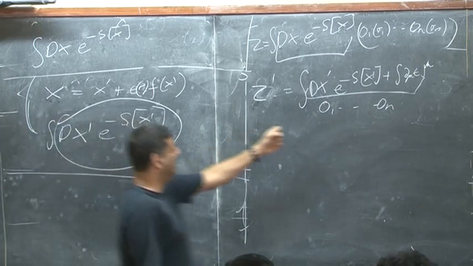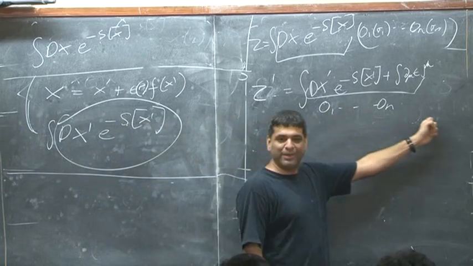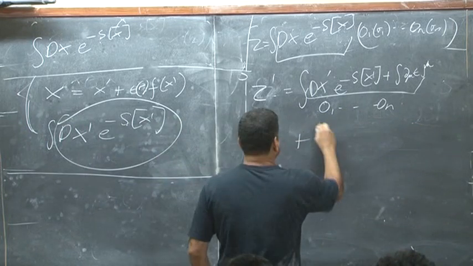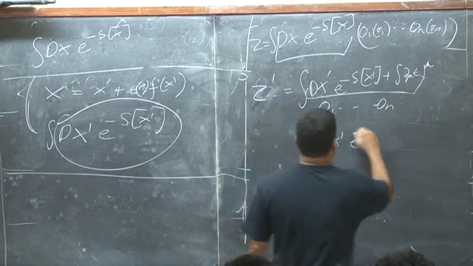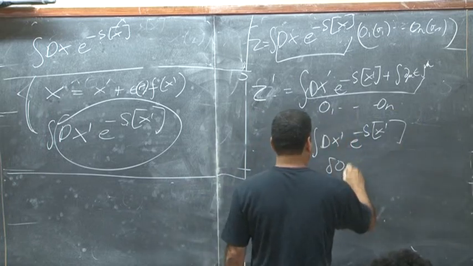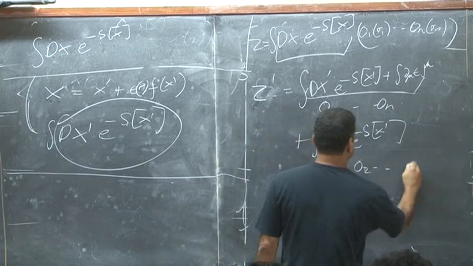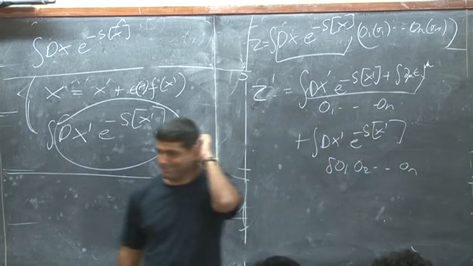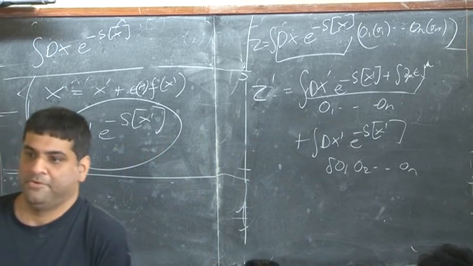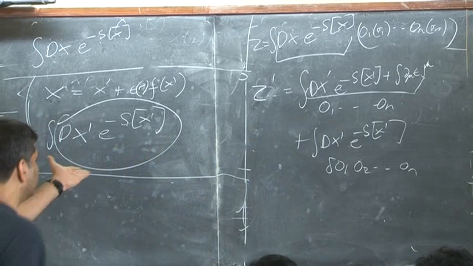And then what we have to do is to evaluate what we get from the remaining changes. So we will get plus integral dx prime e to the power minus S of x prime, then delta O1, O2, and so on. What is delta O1? Remember, O1 was a function of x. Whatever the function of x is, we do the change of variables in that.